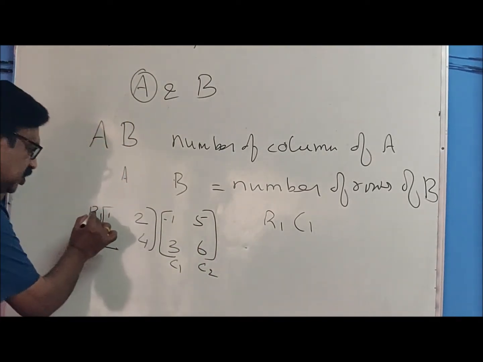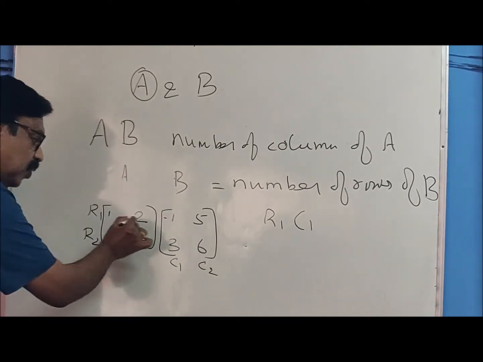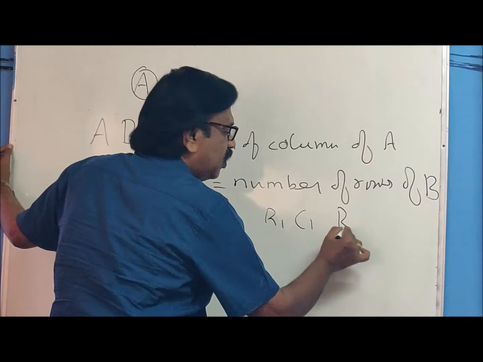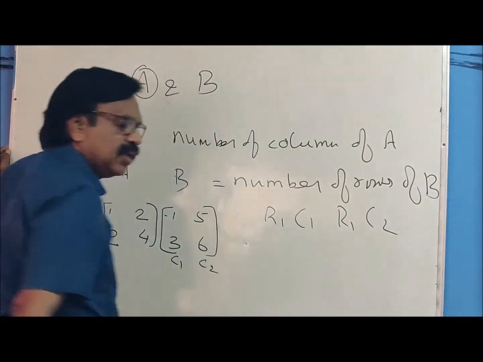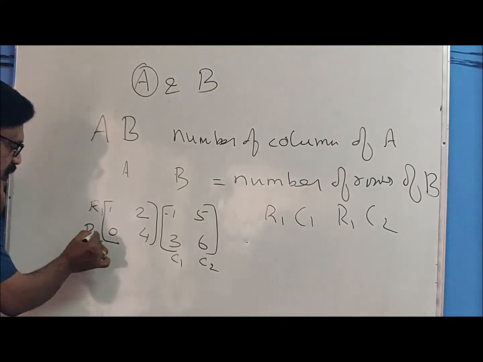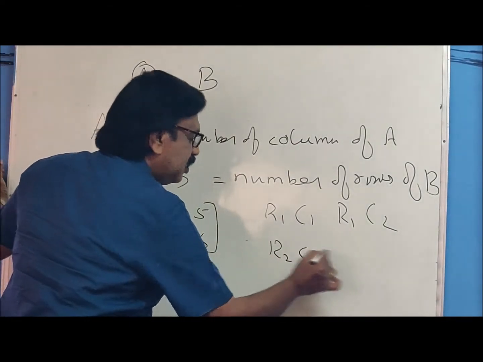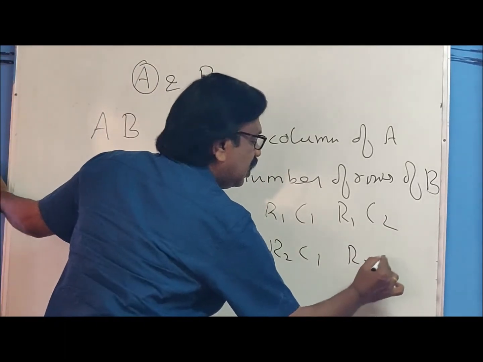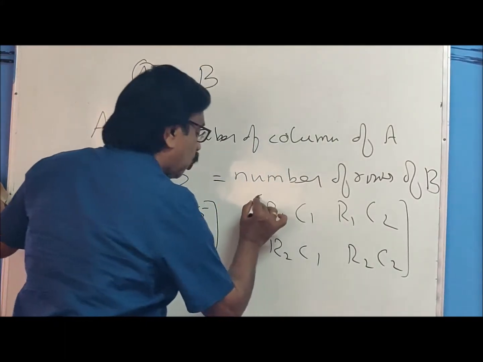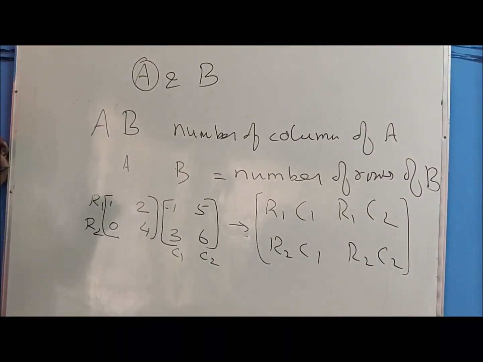We take first row, first column, then first row, second column, R1, C2. Then the second row, first column, and second row, second column. This is the operation process; they are not equal, this is only the process.